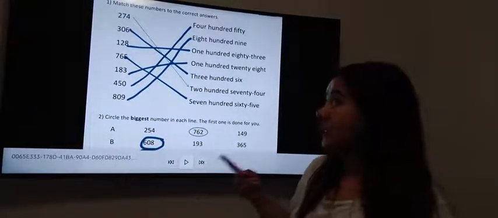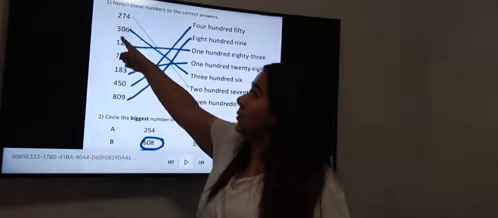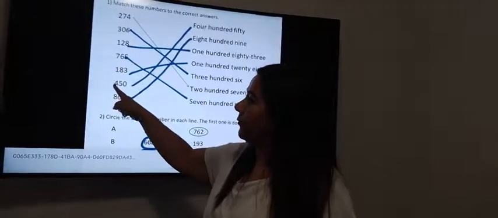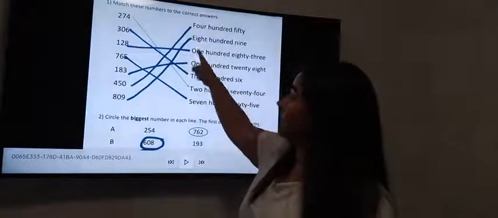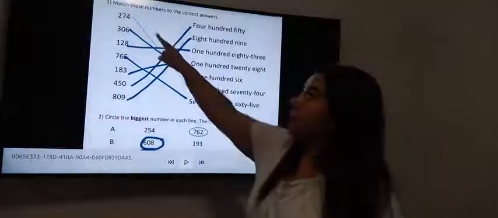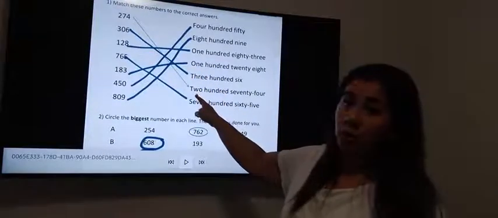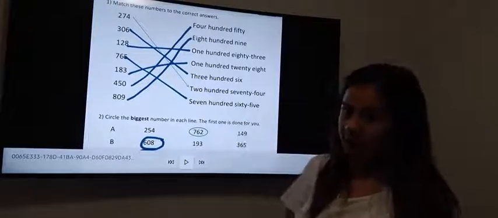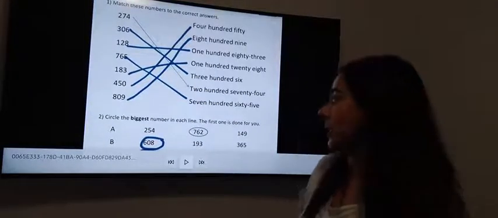It's easy once you learn that the first number that you saw, 2, 3, 1, 7, 1, 5, and 8, it's going to be the first number here. Okay? 274, 2. 306, 3. Okay? We're going to keep practicing the numbers again.